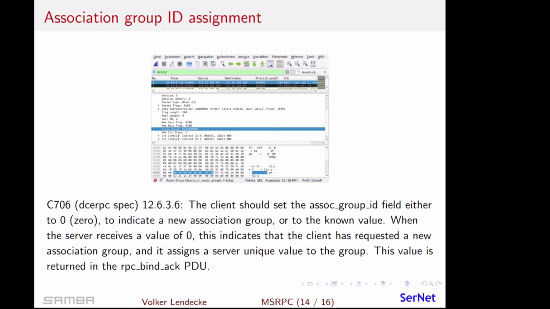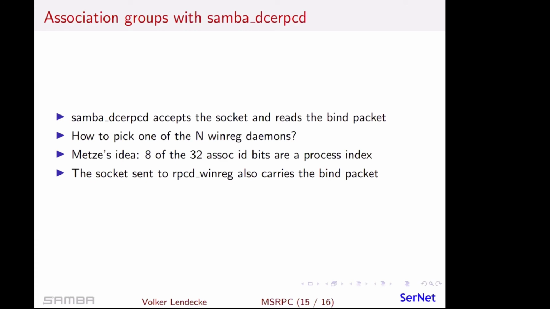And what this DCRPC server then does, it listens on the socket, it accepts the connection, and it reads the first bind packet, the very first packet. And this is really simple to do. You don't need a full-blown DCRPC implementation for that. That's doable in very simple code. And from this, the Samba DCRPCD knows two things. First, yes, this is really server service or LSA or somewhere.